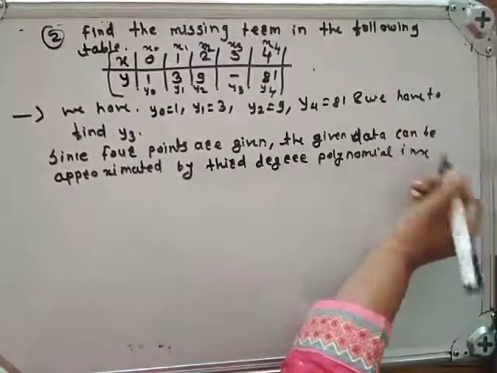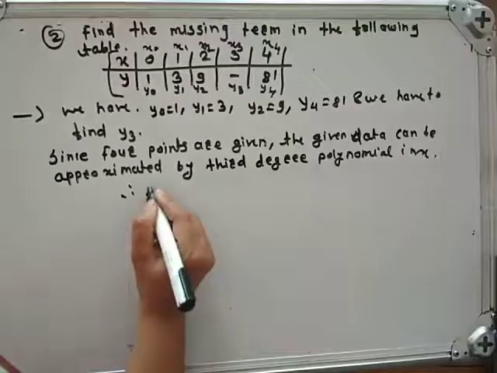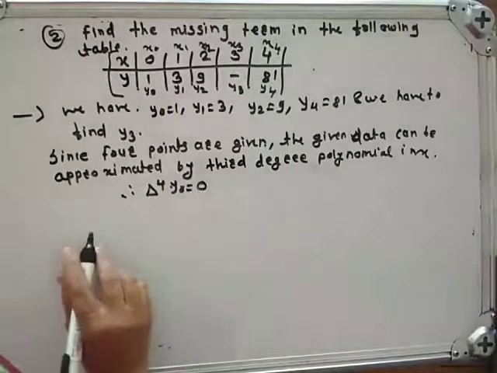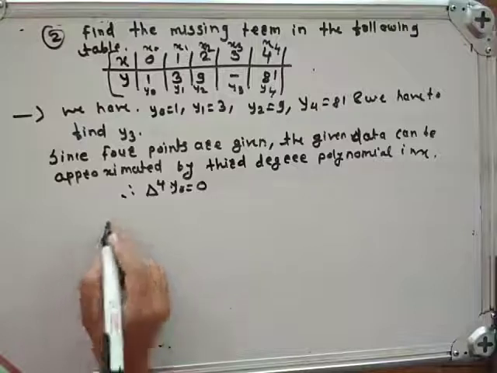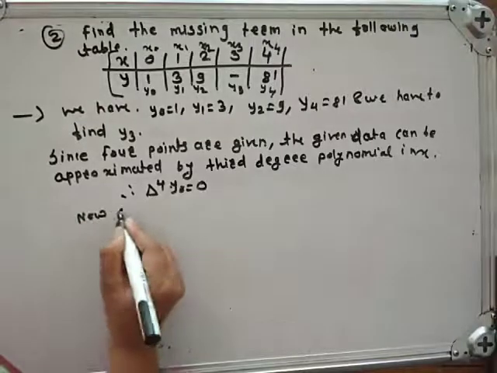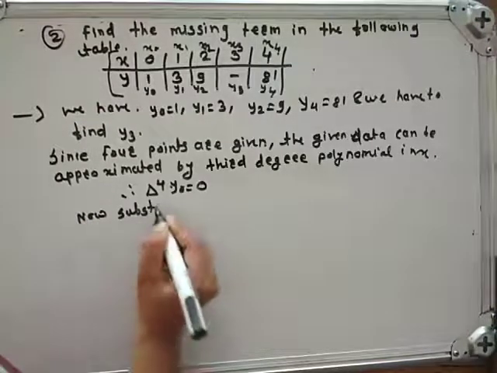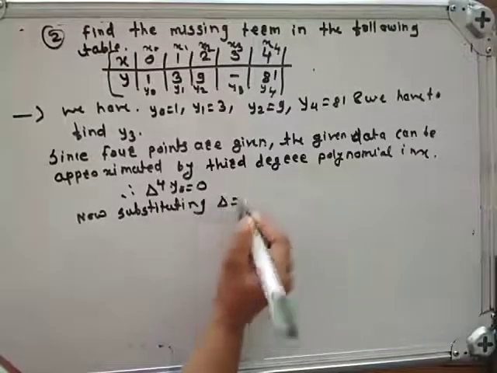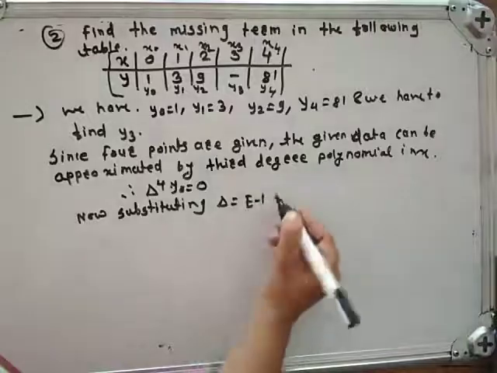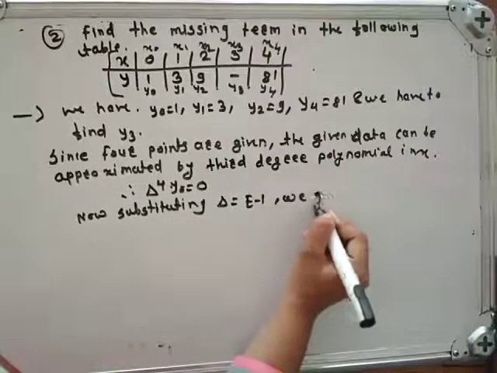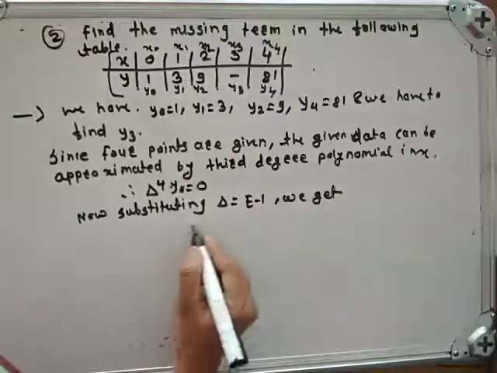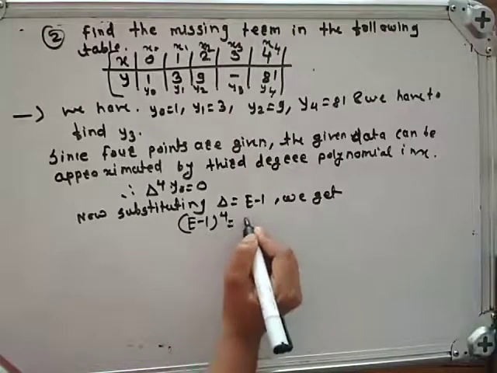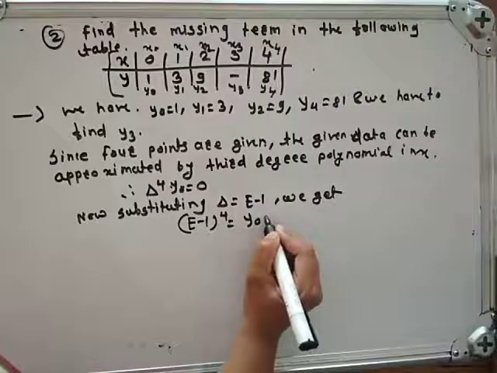Therefore, delta raised to 4 of y0 is equal to 0. Now substituting delta is equal to e minus 1, we get e minus 1 raised to 4 of y0 equal to 0.